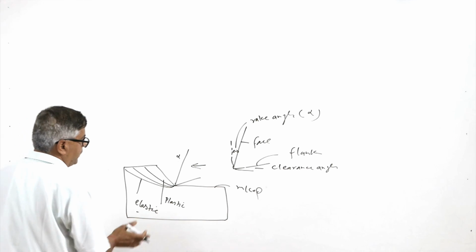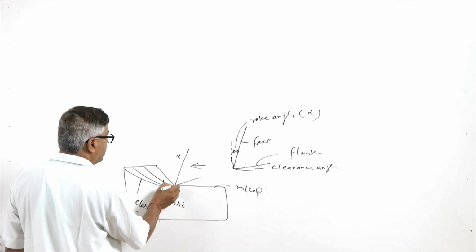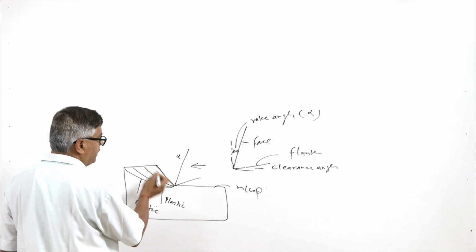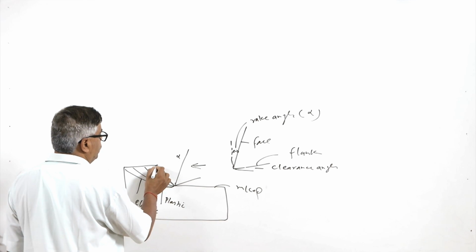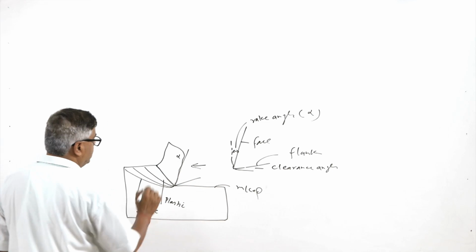When the material is stressed ahead of the cutting edge beyond a certain limit, then the material along a particular plane called the shear plane gets sheared off, and when it gets sheared off, it is removed, and then it starts moving over the face of the tool.